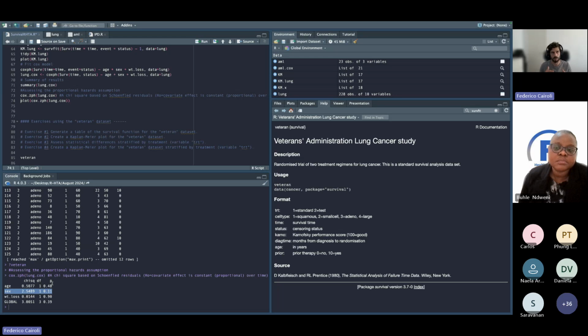Of course, you have to report information of age and weight loss for each of these sex categories. And then you can conduct this interaction, as you mentioned. But again, these are two pathways, and we are going to explain them in the next workshop, not today.